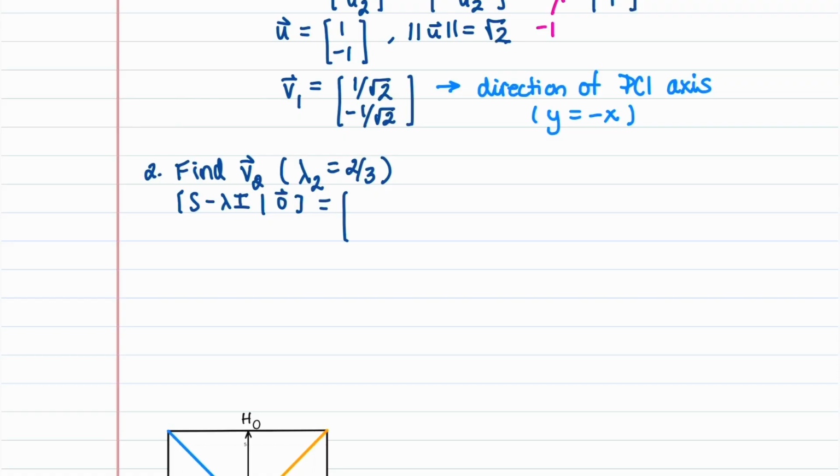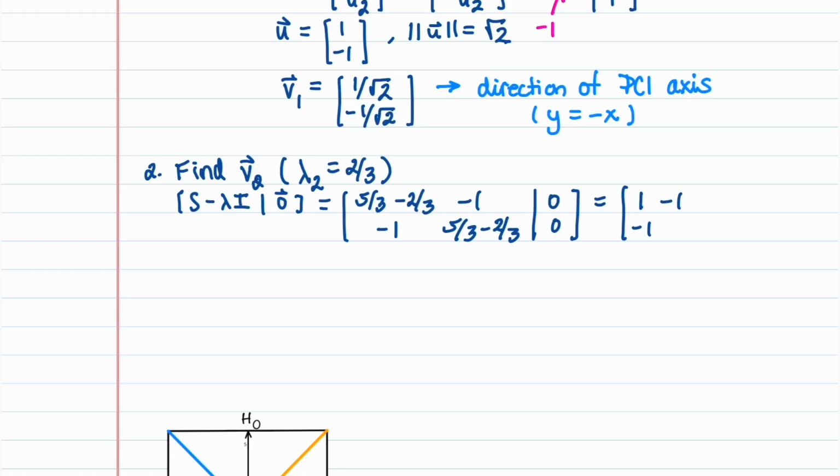Let's see what this gives us. Our S was 5/3, so we have 5/3 minus 2/3. We have −1s on the off diagonal, and then another 5/3 minus 2/3. And this gets augmented with 0. This is equal to [1, −1; −1, 1].